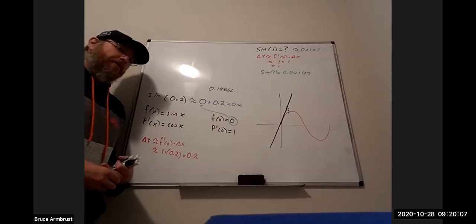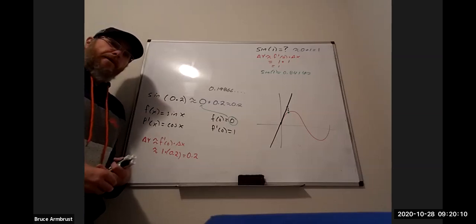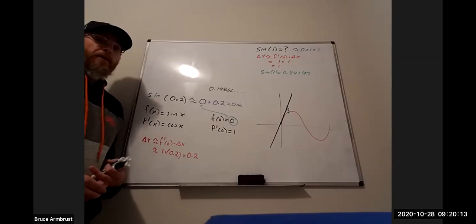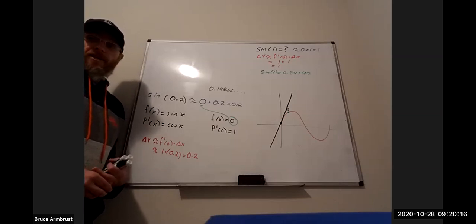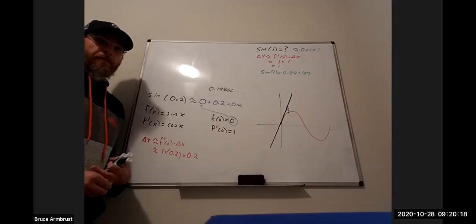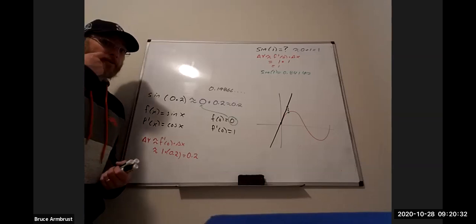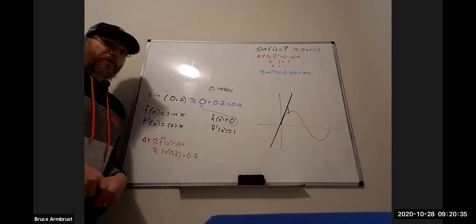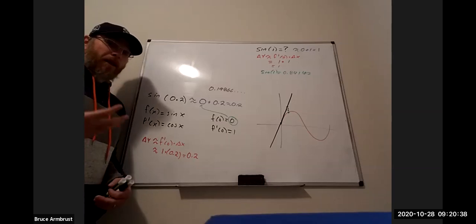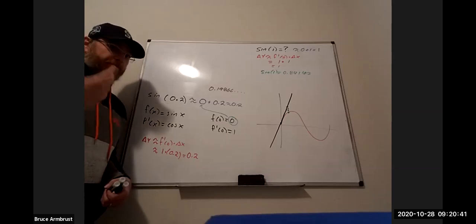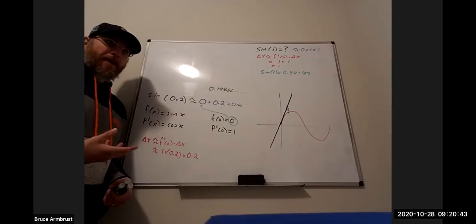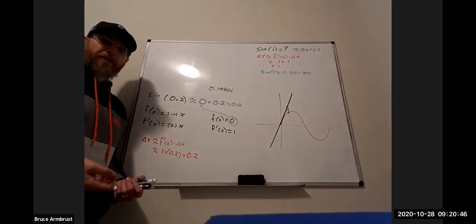Pi over 6, pi over 4, pi over 3, pi over 2, all those guys. One of those is not far from 1. Which one's kind of close to 1? Yeah, how about pi over 3? Pi is 3.1415926, blah, blah, blah. Divide that by 3. That's 1.04 or something or other.